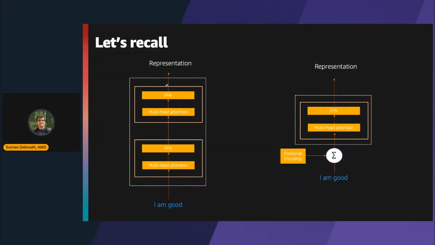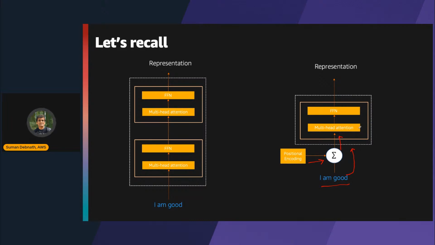Now, if you recall, where are we? We have this input sentence, and we learned that we don't want to feed this directly to the transformer block because it doesn't have any information about the position of the words. So the first thing we do is positional encoding, and then we take that output and send it to the multi-head attention.